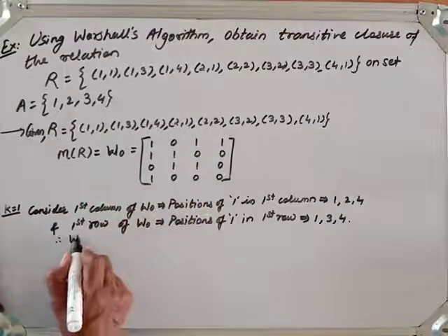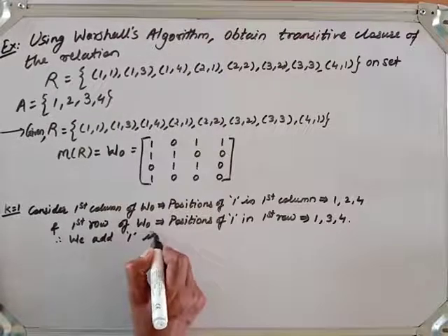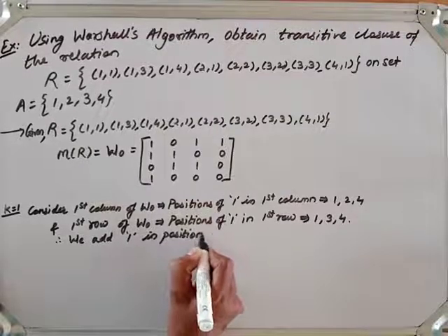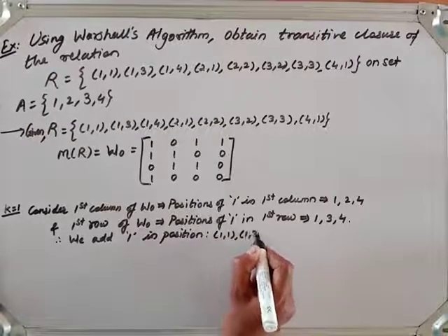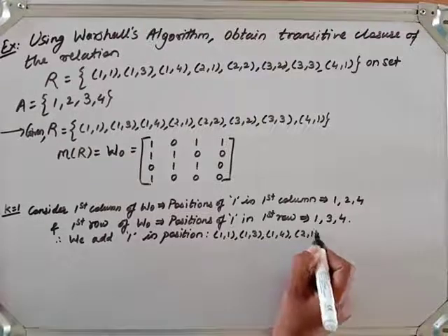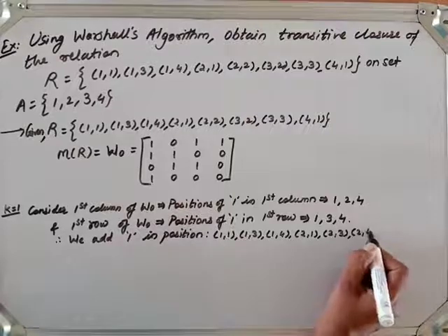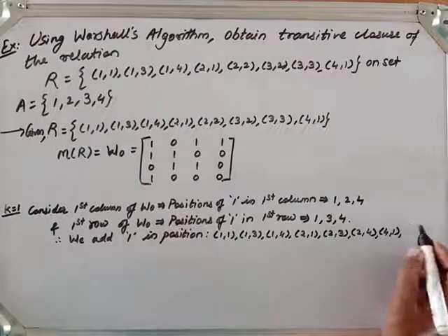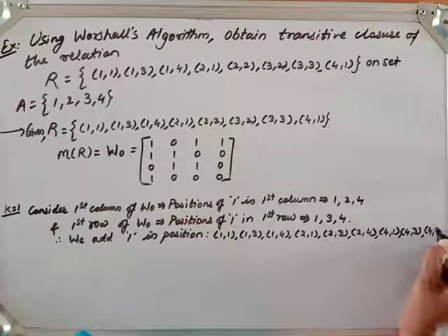Therefore, we add 1 in position. Which position? 1 1, 1 3, 1 4, 2 1, 2 3, 2 4, 4 1, 4 3 and 4 4.